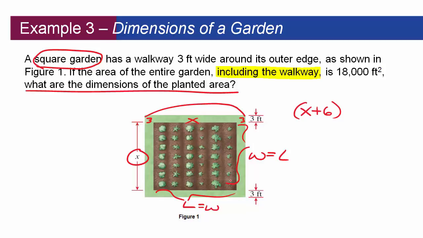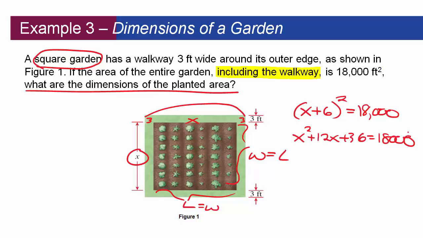And isn't this going to be exactly the same, right? Here's x, there's a 3 up there and a 3 up there, so it's also going to be x plus 6. So we're going to square that, and that has to equal 18,000. So you can FOIL this out, or if you remember your formulas, you know this is x squared plus 12x plus 36 equals 18,000. And now you have to solve that.